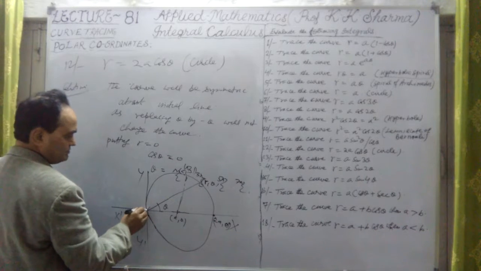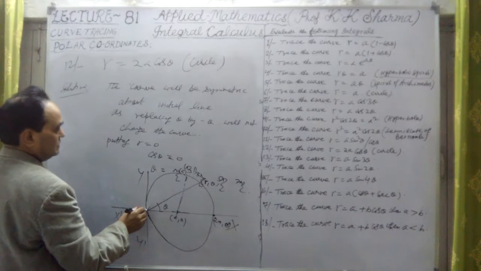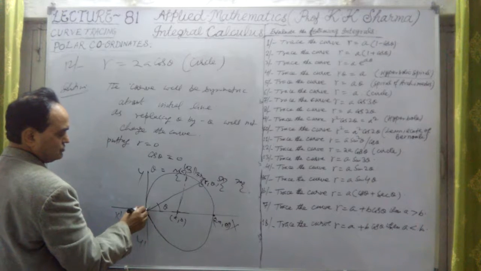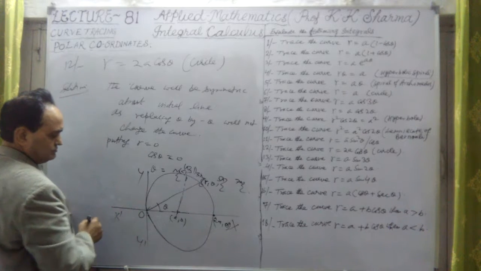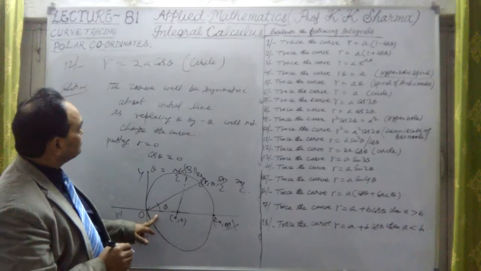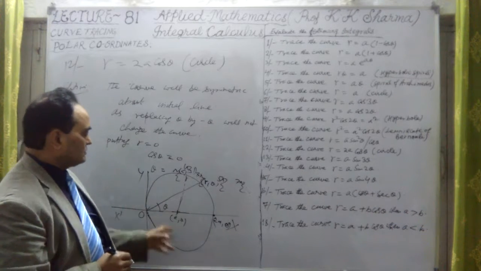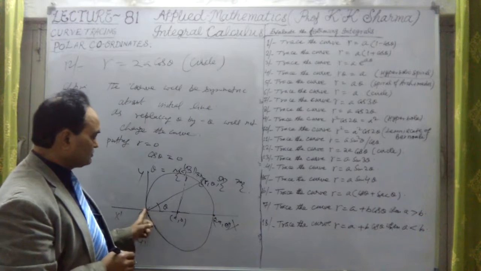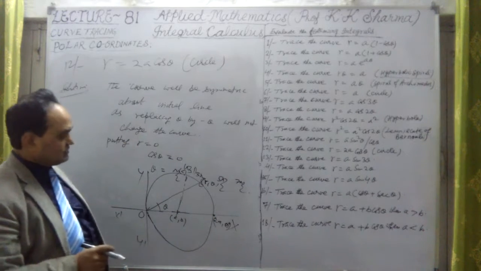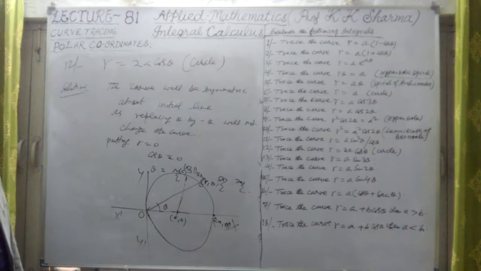Then at pi it is minus twice a. At theta equal to pi, r is minus twice a, meaning from the initial point the distance is minus twice a. That is the point we have taken.